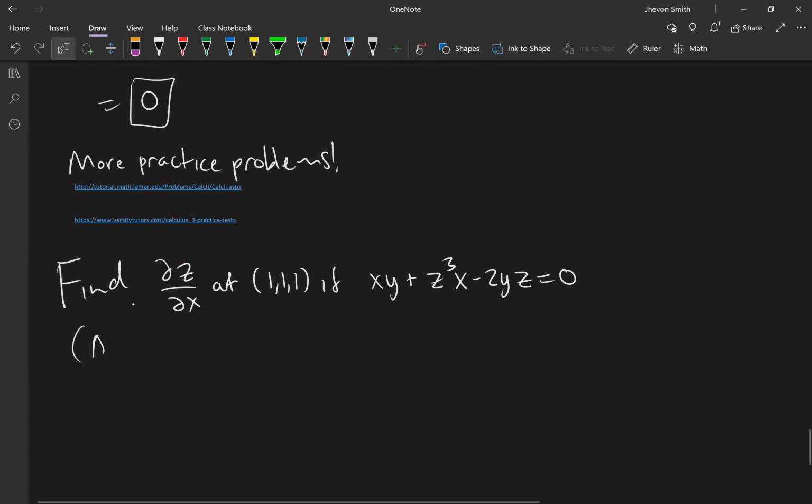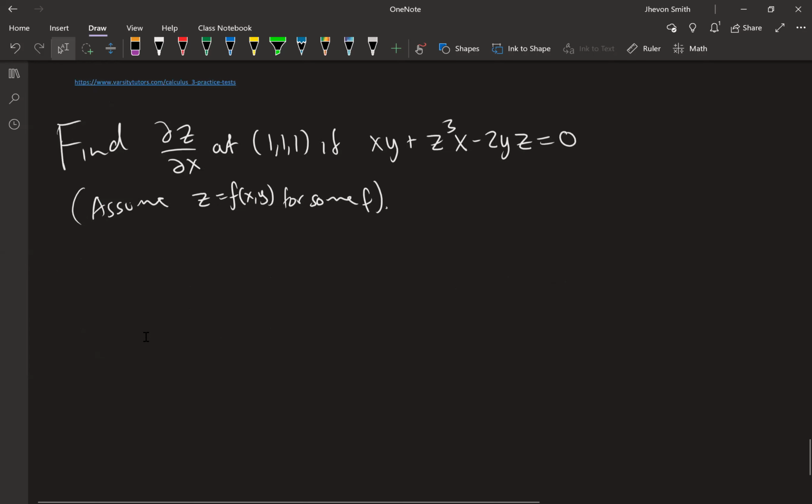And the question said, assume z is some function of x and y. Okay, so start there. What do we do here?